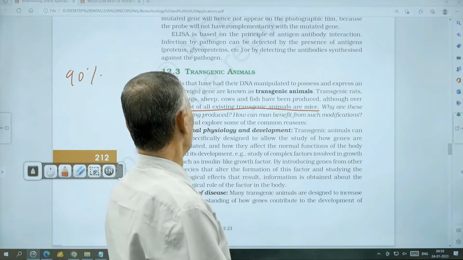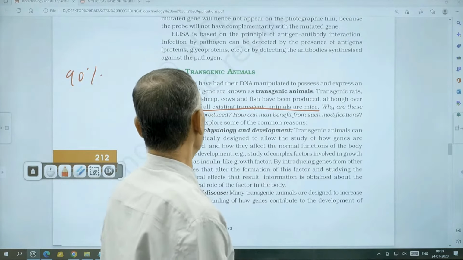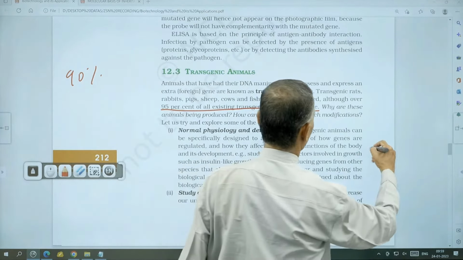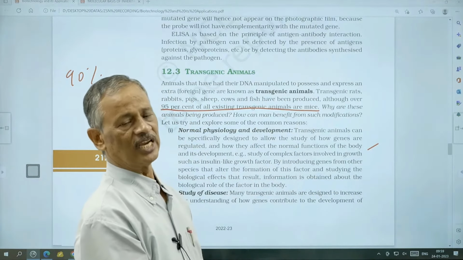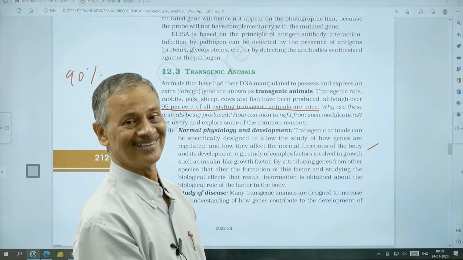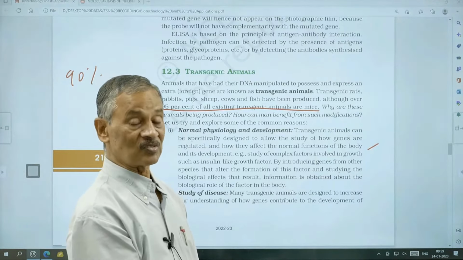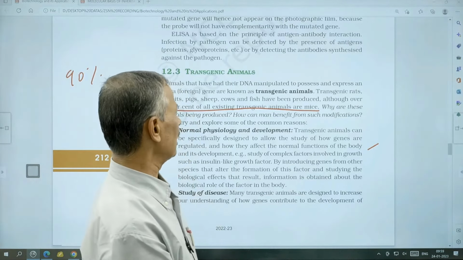Why are we producing such transgenic animals? So that we can study what is the physiological change, what is the change in the development because of the introduction of a new gene. So we can study precisely what is the role of a gene in normal physiology or in the development.